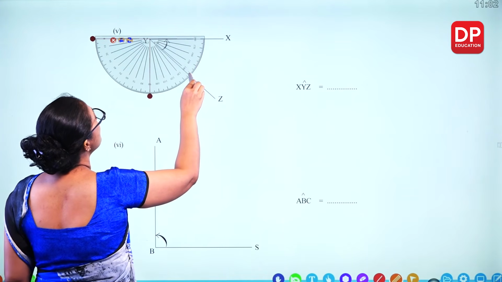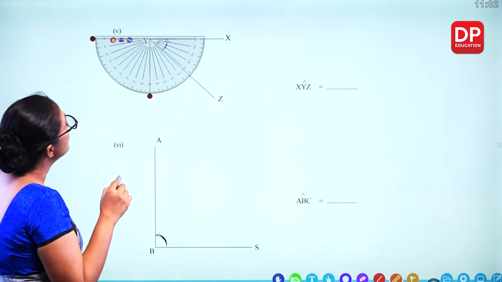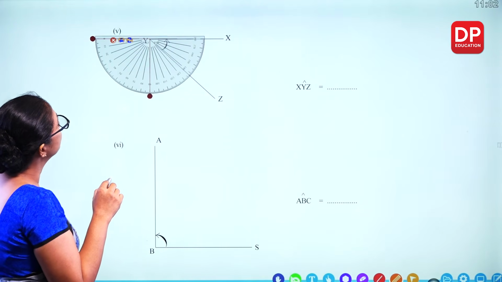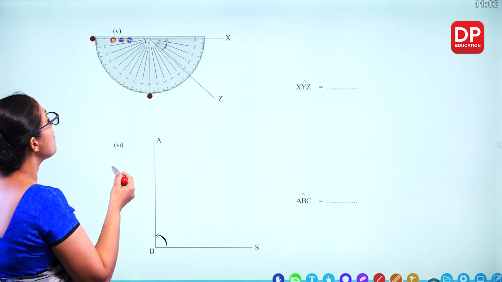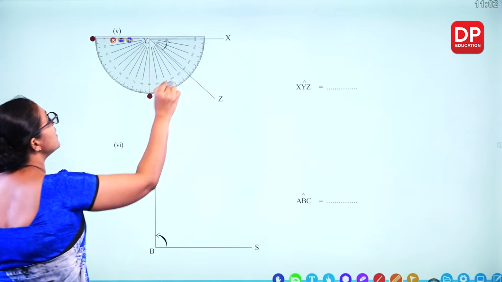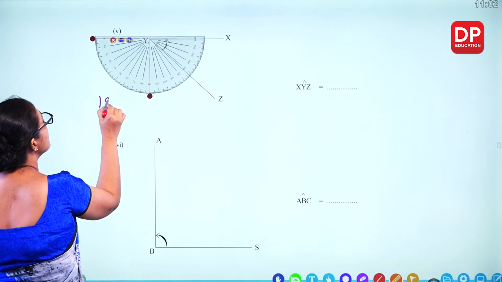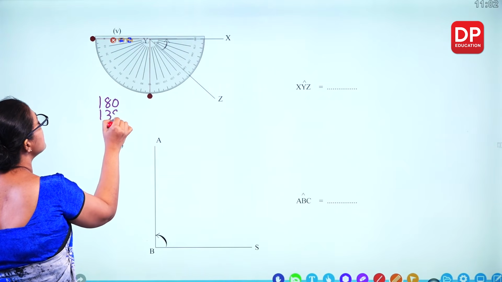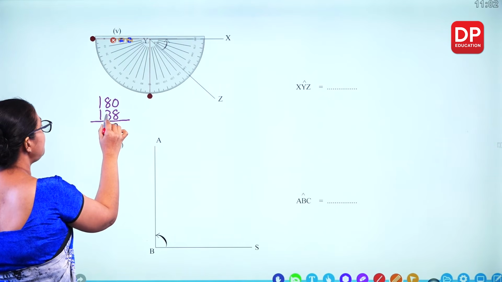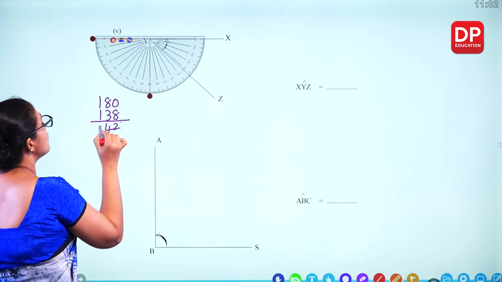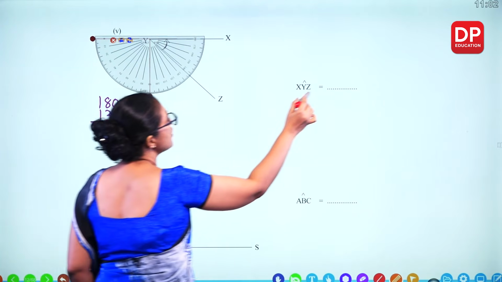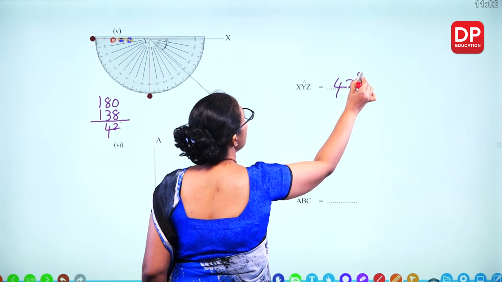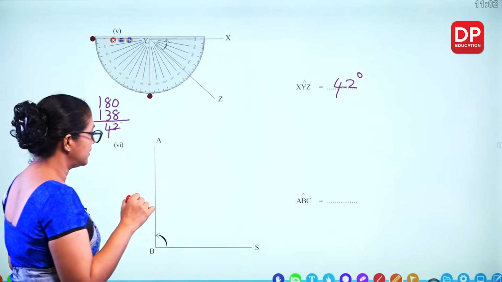So here to here, my one is 138. 138 from this way. So 180 minus 138, I get 42. So 42 degrees is for XYZ angle.